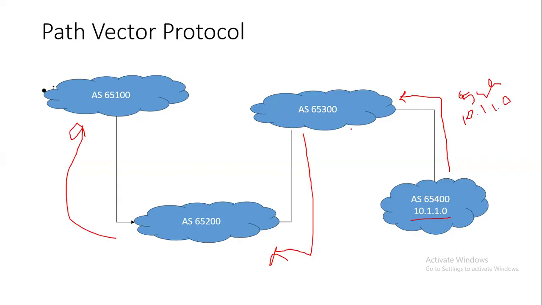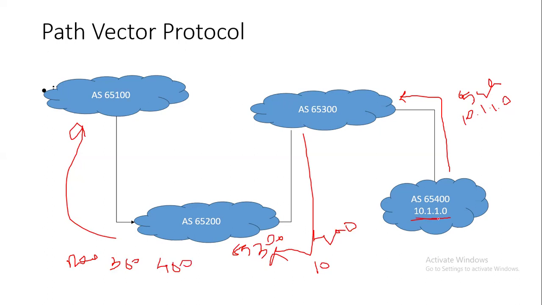In the next router, when it transfers to AS 65300, it takes the information that it is coming from 65400, because this is the advertising network, and the network information is 10.1.1.0. Similarly, when it transfers onward, it will carry 65200, 65300, and 65400, along with the network they are using.